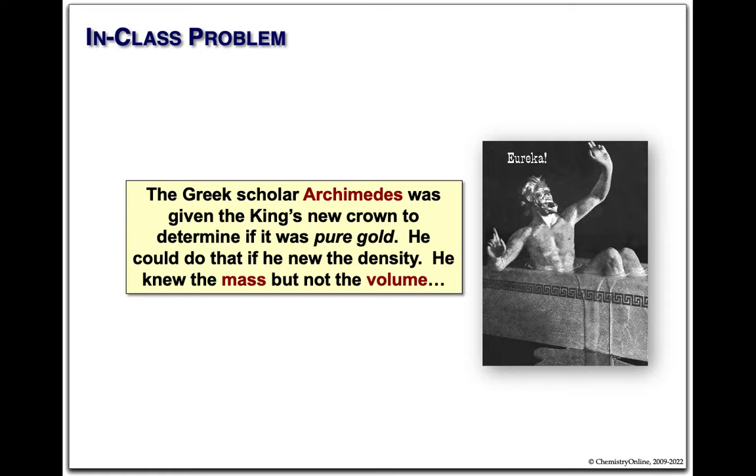So he handed the crown to Archimedes and said, figure out if this is pure gold. Well, he thought, gee, I could do that if I could measure its density. It should be 19.3. But in order to get the volume, I've got to melt the thing down. Can't do that.